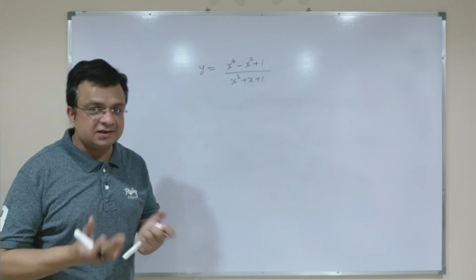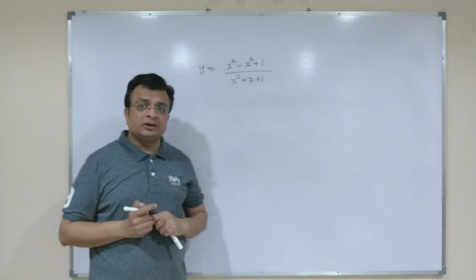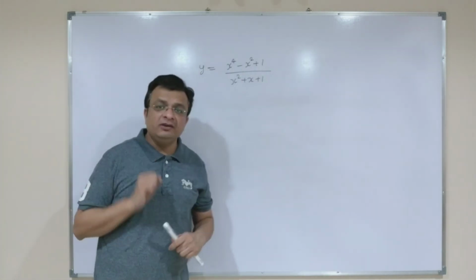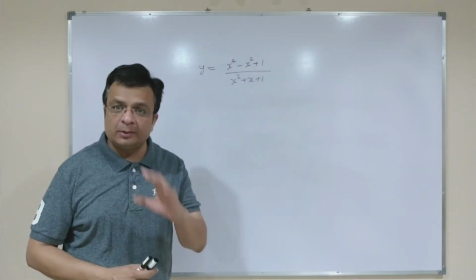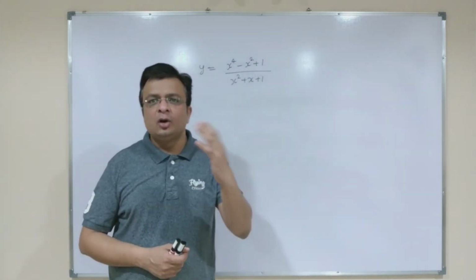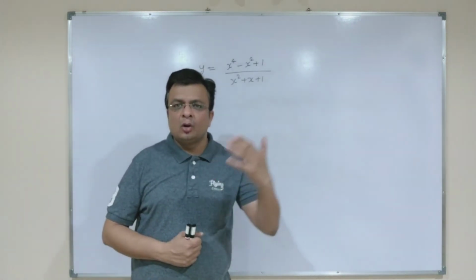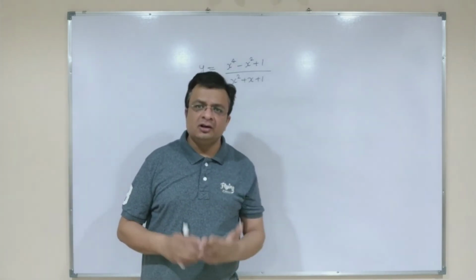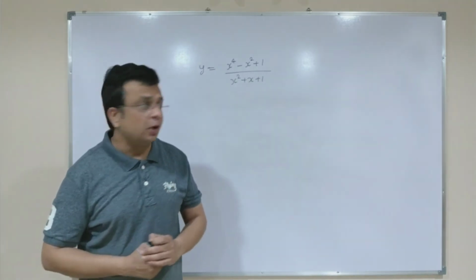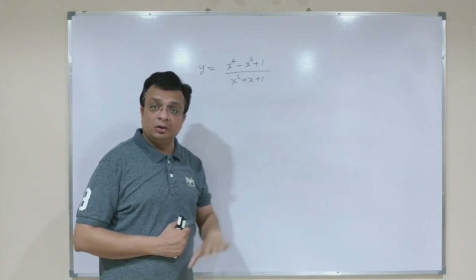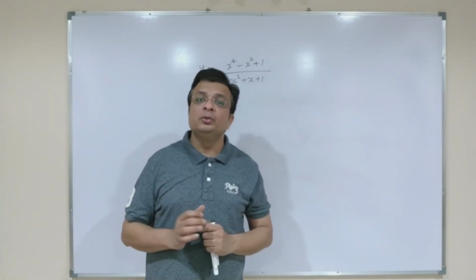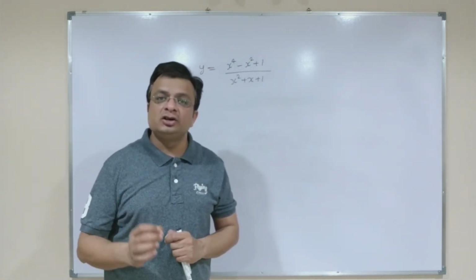Quotient rule? Yes. But I'll tell you one thing that I told you before also in the chapter of functions, that whenever there is a rational function, whether it is in monotony or in indefinite integration or in differentiation or in functions, do remember that whenever we have a rational function, meaning polynomial upon polynomial, then first you should check the degree of the numerator and denominator.